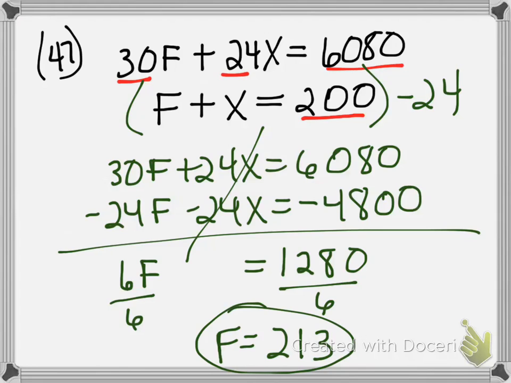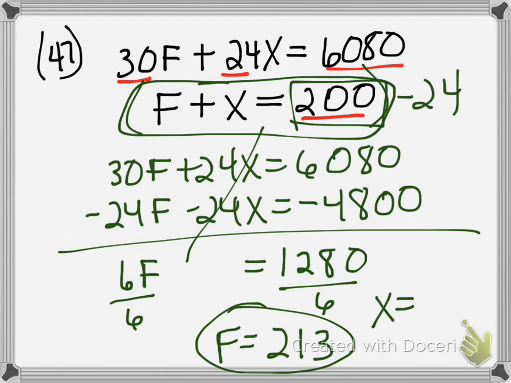But if I sold 213 floor seats, is that reasonable, considering that I only sold 200 tickets total? So in this case, this problem is not a good problem. The floor seat turned out to be 213. So if I plugged that back in right here, then the X would have to be -13 for it to work. And of course that's a bad answer. So if you did have something like this, you would say that's not reasonable.